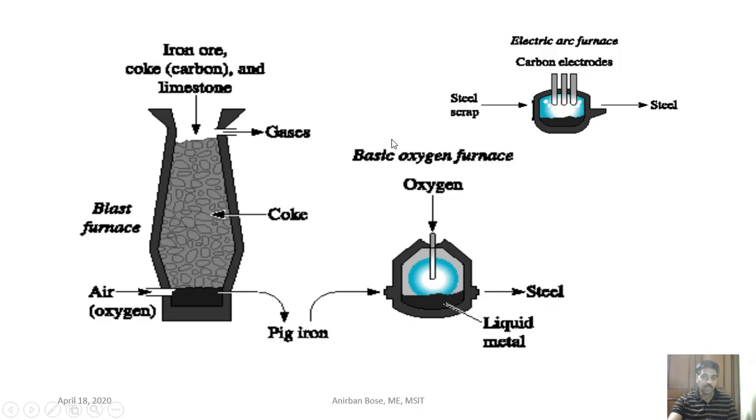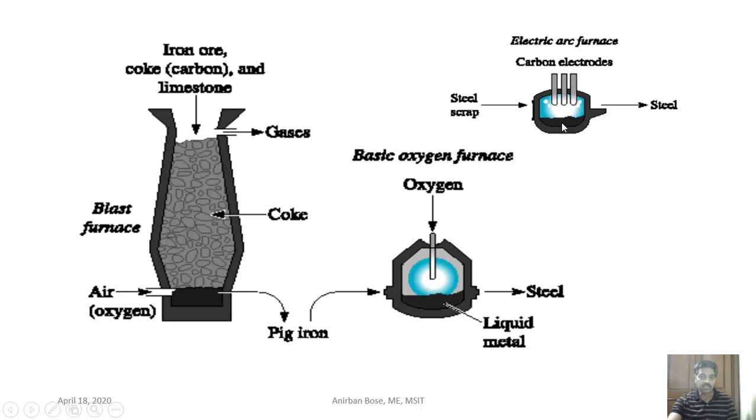Or there is another method by which steel can also be made, in the electric arc furnace, where steel scrap is poured into the furnace. Some pig iron can also be sent here, and some steel scrap coming from the scrap yards is charged here, and then with the help of carbon electrodes an arc is generated at a very high temperature.